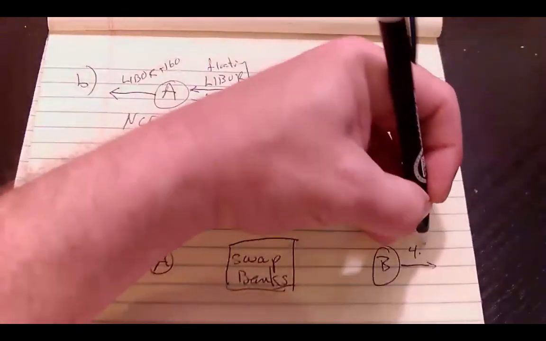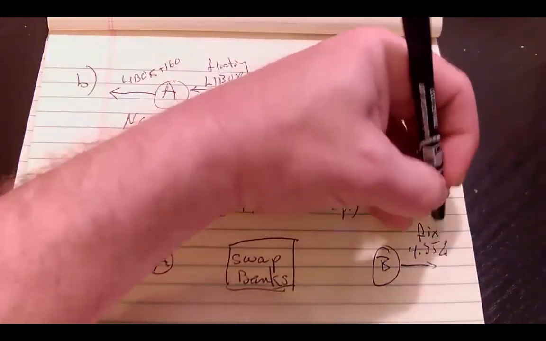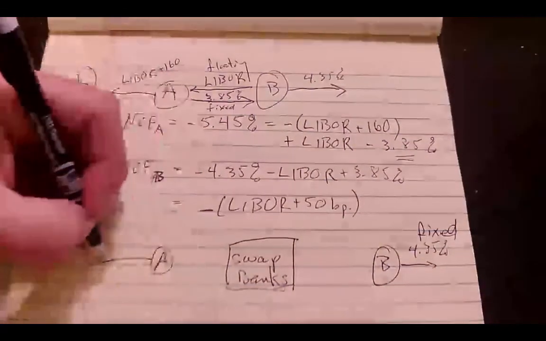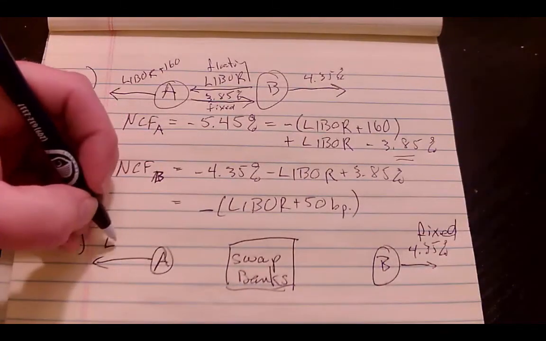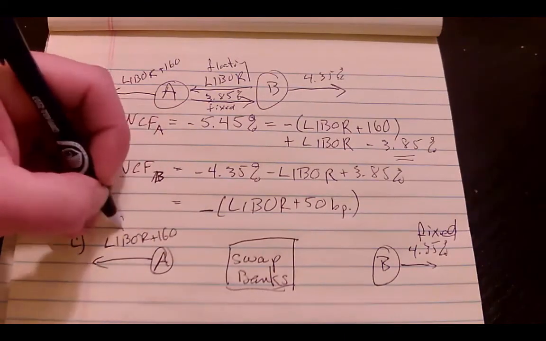Again, B and A are going to use their comparative advantages. B is going to issue 4.35% fixed rate debt in the open market. A is going to go ahead and pay out their LIBOR plus 160 floating.